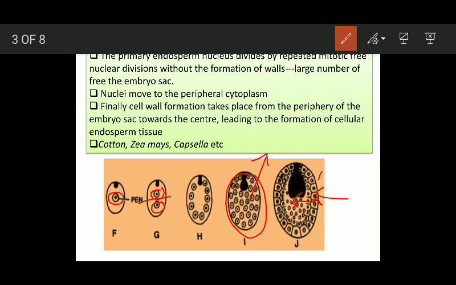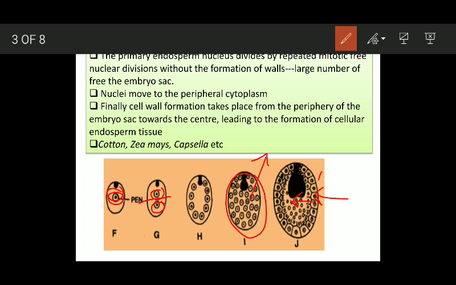This is very much important. So nuclear type of endosperm ultimately becomes cellular. When this matures, it becomes cellular because of the formation of walls. I will repeat. The PEN divides multiple times without wall formation, resulting in a large number of free nuclei which remain dispersed in the embryo sac.